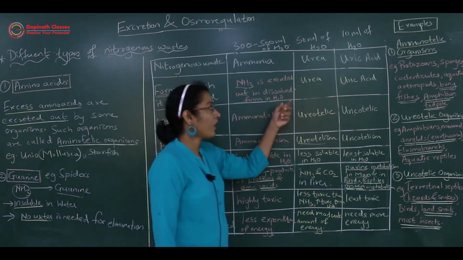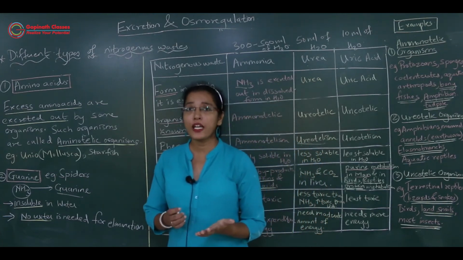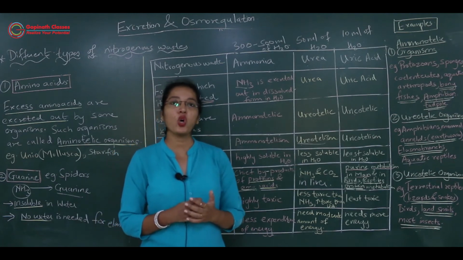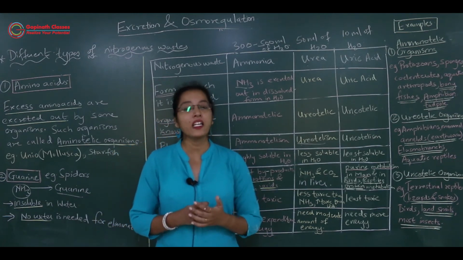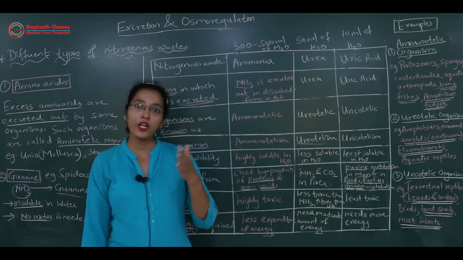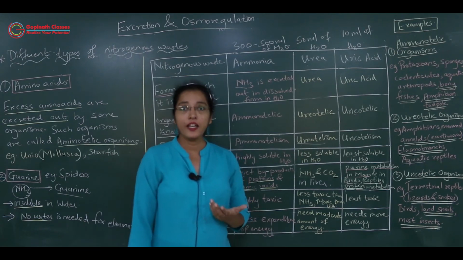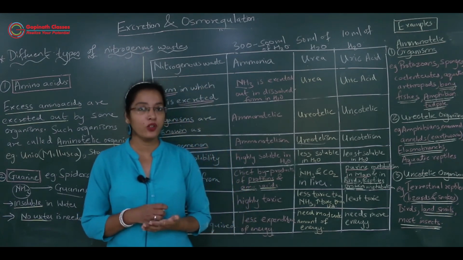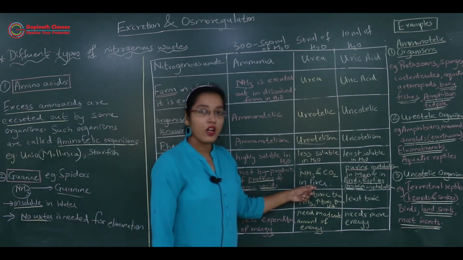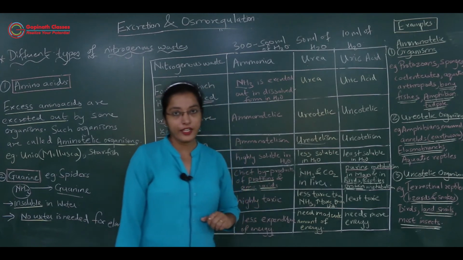Now we will be talking in detail about urea. Tell me, what will be ureotelism? Ureotelism is the phenomenon in which the organisms will eliminate urea as a nitrogenous waste. Okay, so उनके बॉडी में जो nitrogenous waste यूरिया है वो कैसे बनता है? It is formed in the liver. Okay, this urea is formed in the liver due to reaction between ammonia and carbon dioxide.